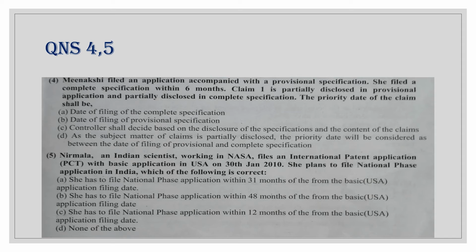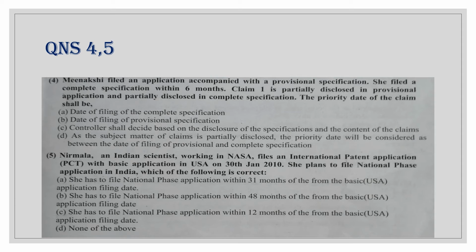Fine. Now, question number 5. Nirmala, an Indian scientist working in NASA, files an international patent application or PCT with basic application in USA on 30th June 2010. She plans to file national phase application in India. Which of the following is correct?